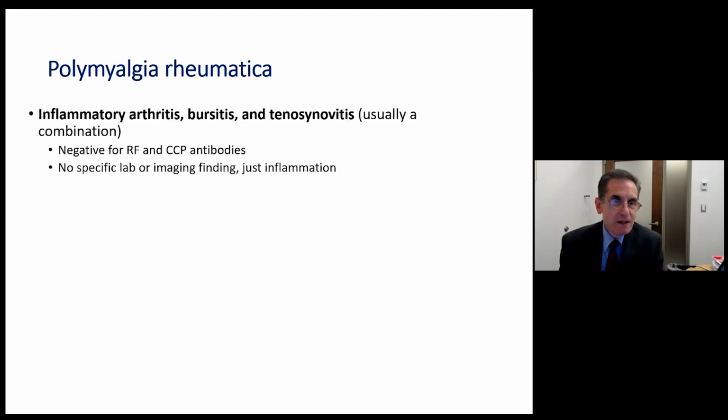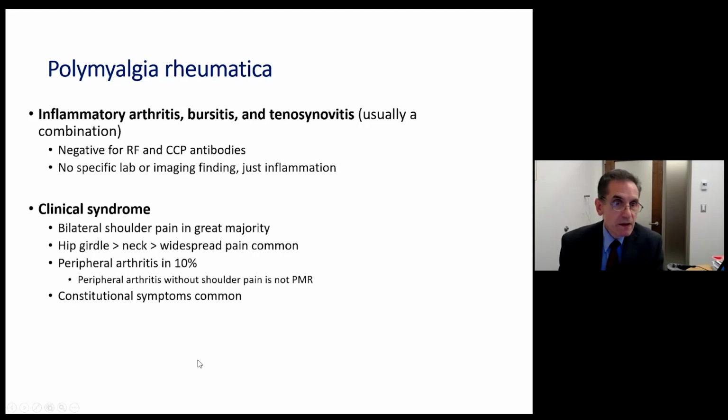Polymyalgia rheumatica typically looks like an inflammatory arthritis, typically involving the shoulders, the neck, the hip, and buttocks region. It is typically negative for rheumatoid and CCP antibodies. There's no specific lab or imaging for this. It's mostly inflammation, but it is an inflammatory process. It typically involves the shoulders bilaterally.